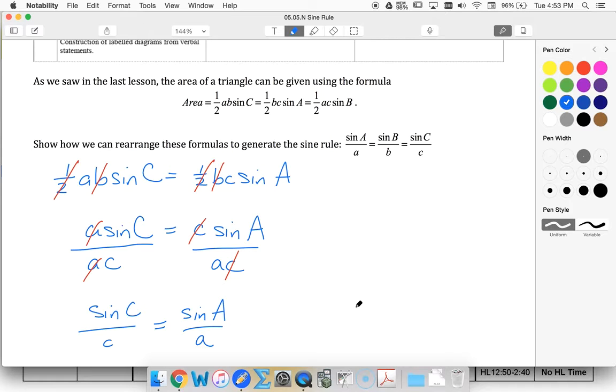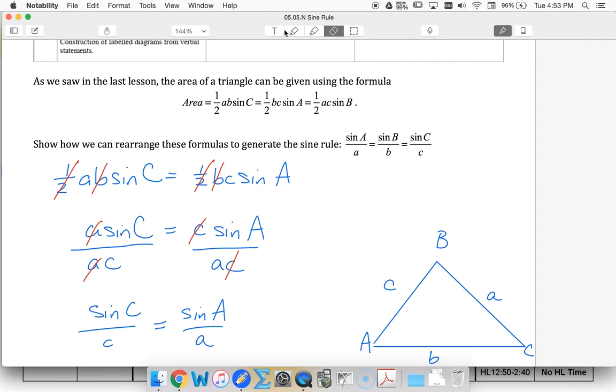So let's look at what we're talking about here. If I have a triangle, let's make it definitely scalene. All right, so let's label this A, B, C. Across from angle A is side little a, across from angle B is side little b, across from angle C is side little c.